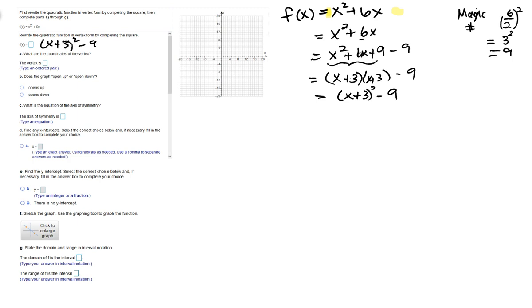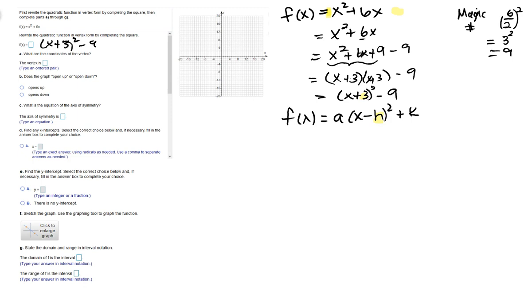We can also figure out what the vertex is from this vertex form. Vertex form is f of x equals a times x minus h squared plus k. So if we pay attention here, we've got minus h. So in the h spot, we have this 3, but notice it doesn't exactly match up.